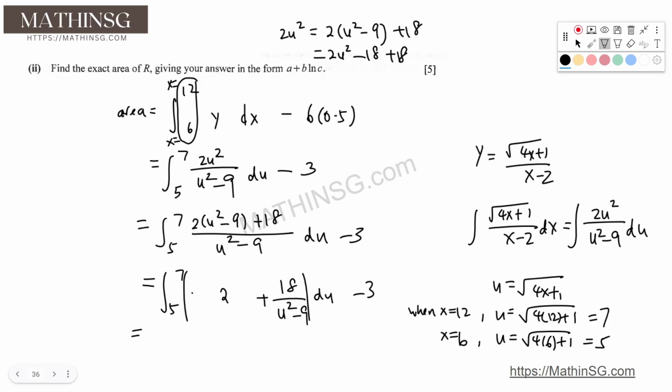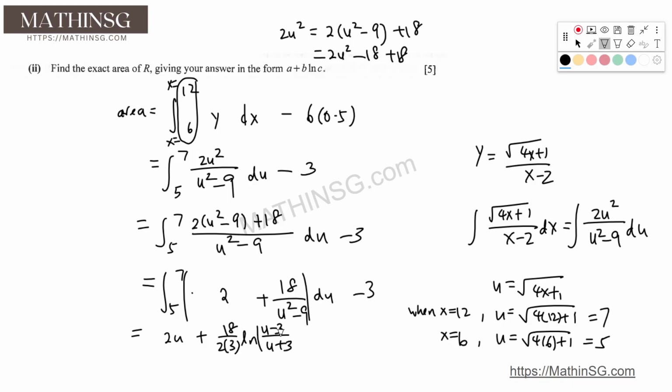So integrate 2, you get 2u. Integrate 18 over u squared minus 9 is equal to 18 over 2 times 3, ln of u minus 3 over u plus 3.